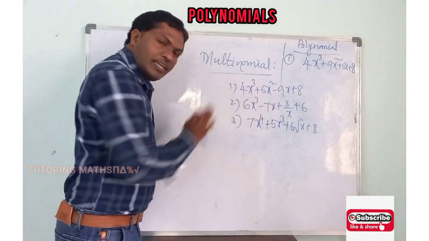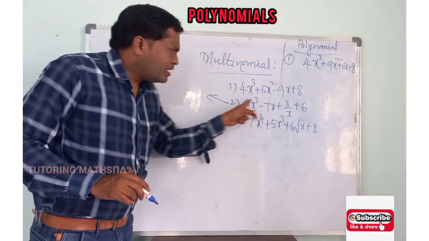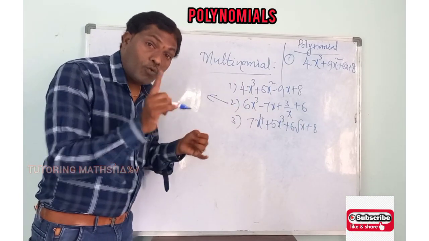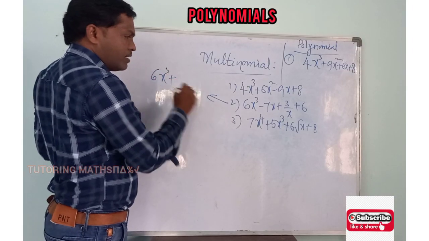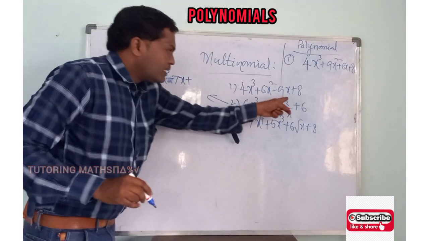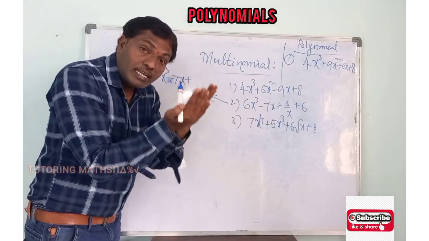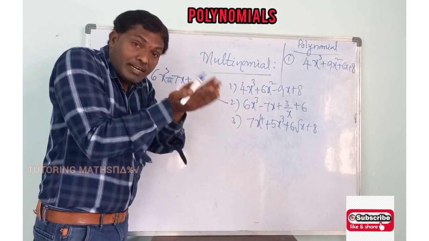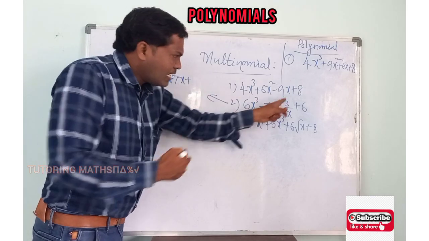For example, let us see this example. This is a multinomial, but it is not a polynomial. Why? See here, 6x cube, okay, fine. Minus 7x, okay. 3 by x, but the literal term should be in the numerator position, not in the denominator position. So let us convert this.